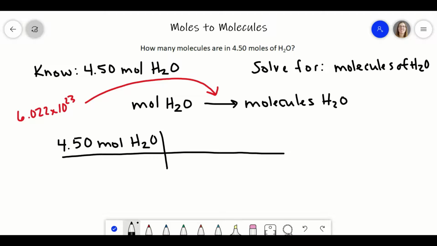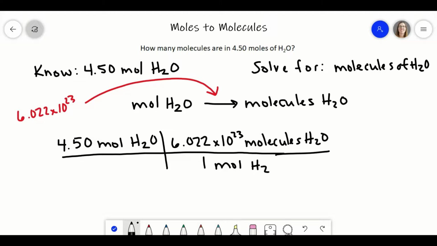And we know there are 6.022 times 10 to the 23rd molecules of water in every 1 mole of water. My units, moles of water, will cancel, and I'm left in units of molecules of water, which is what we're trying to solve for. So now I'll plug this into my calculator and get a final answer.